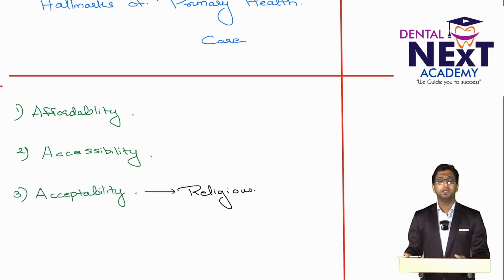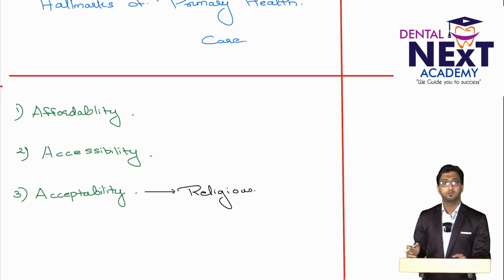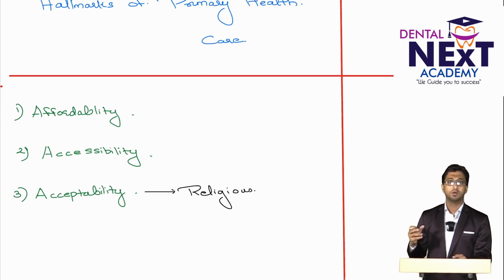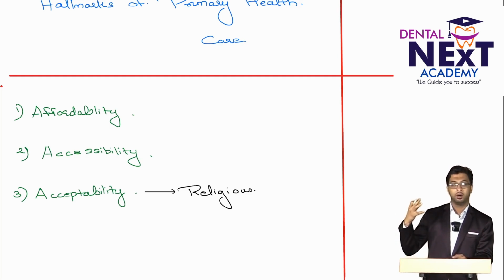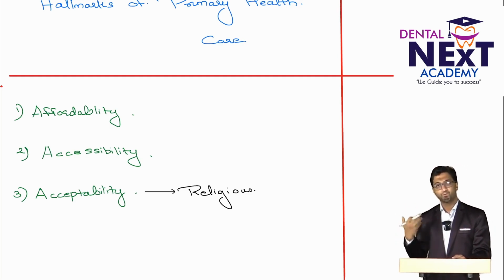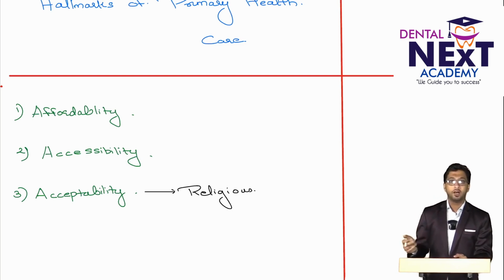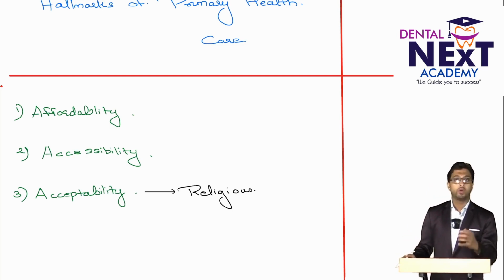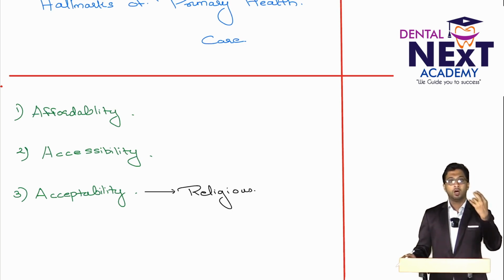Then acceptable. Now, if you go to very remote areas, especially in the northern regions and the eastern regions of the country, you will see that there are lots of religious practices, because of which people think that they shouldn't go to doctors. I don't know how much of that is still there. Maybe it has all improved, but yes, people are not ready to face other groups of people and don't want to go to doctors and all those.